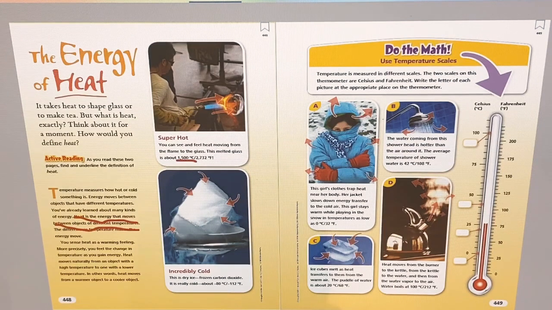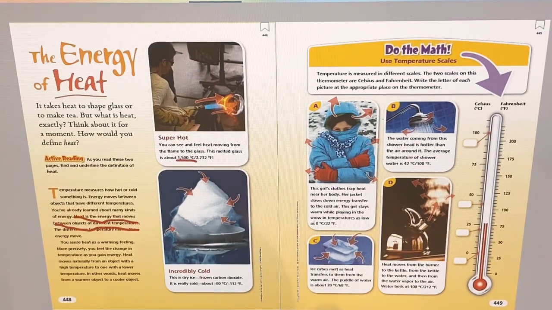You sense heat as a warming feeling, is that right? More precisely, you feel the change in temperature as you gain energy. Too much energy and temperature, huh? But you are awesome enough to get it. I know that.